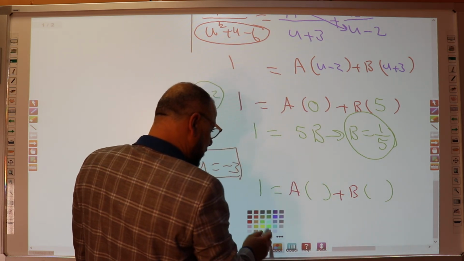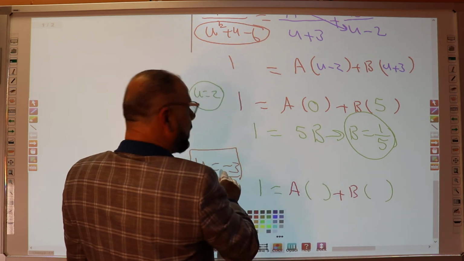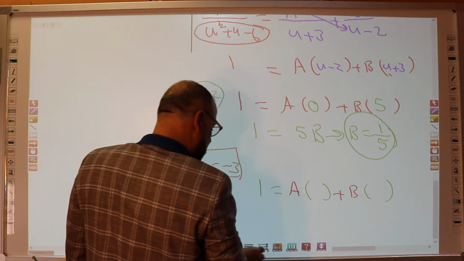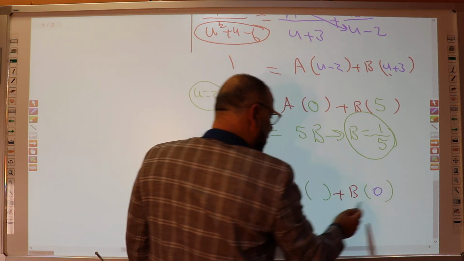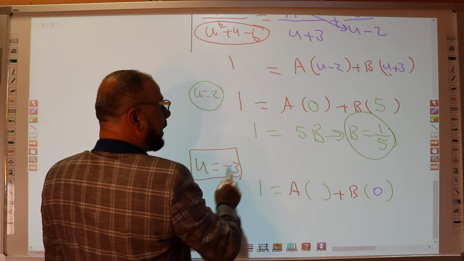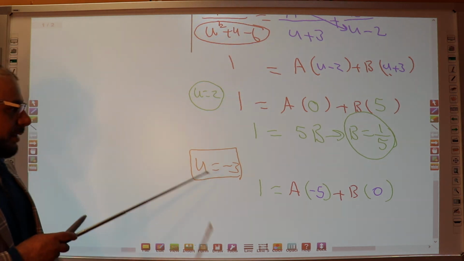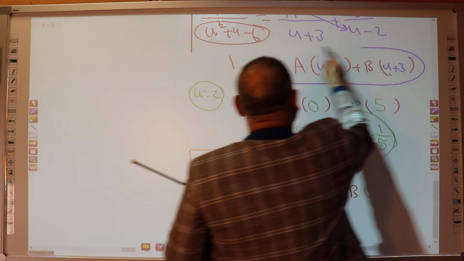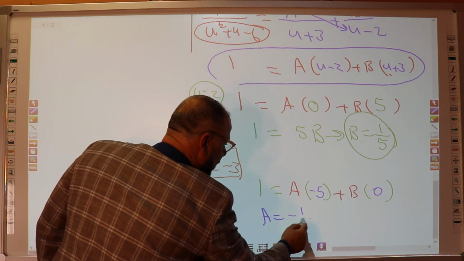Now we're using negative 3, so this is going to be 0, and this is going to be negative 3 minus 2, negative 5. Negative 3, we plug it in the equation here. Always we plug here. If you solve for A, A equals negative 1/5.